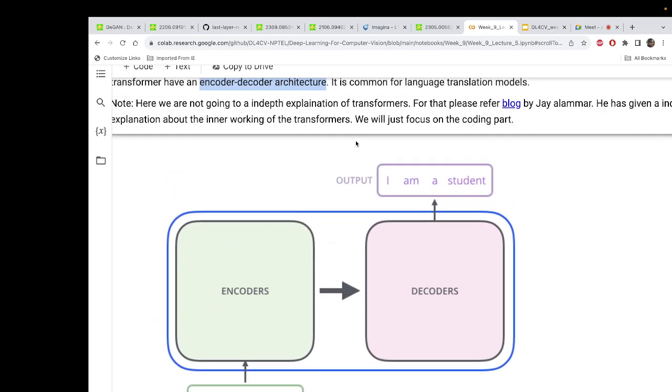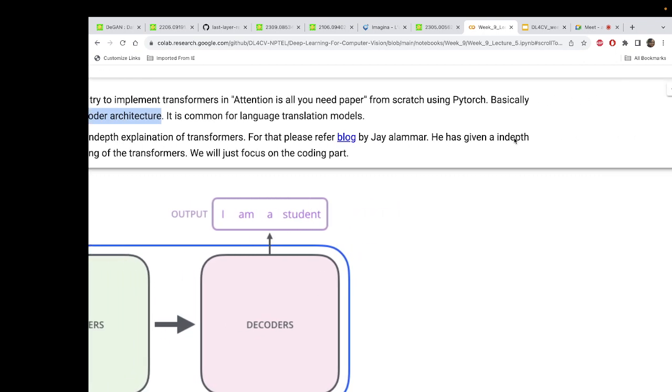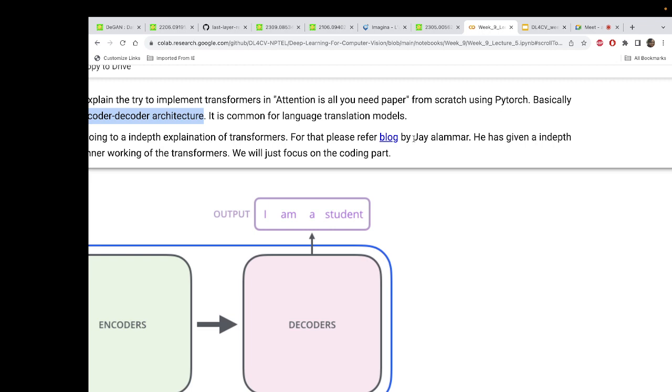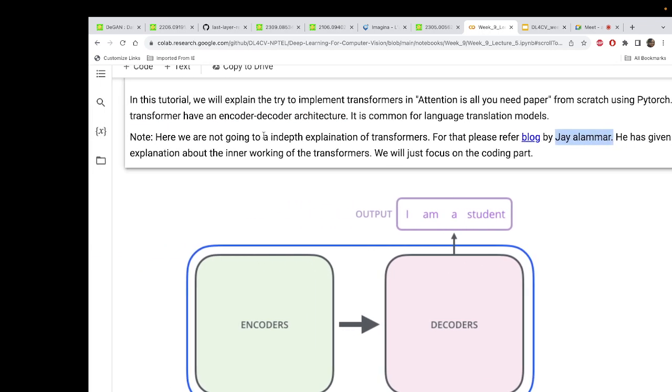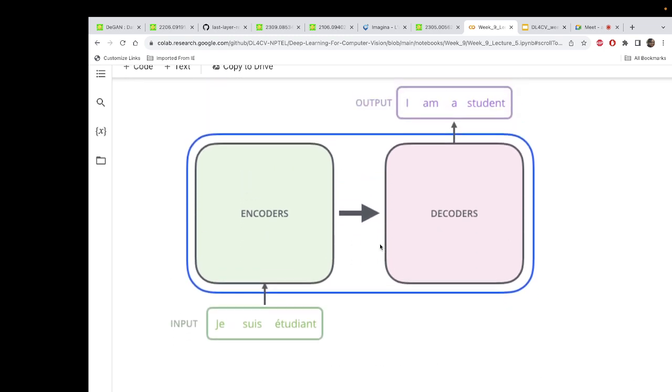Here you can see that a blog has also been referred to. You can just go through it. This is a very famous blog with an in-depth explanation of the working of transformers. So this is the picture more or less that we saw: there is an input which is encoded, and then the encoder output is sent to the decoder and you get an output.